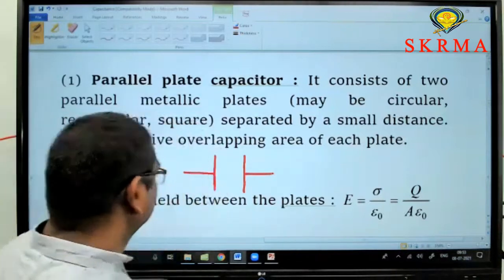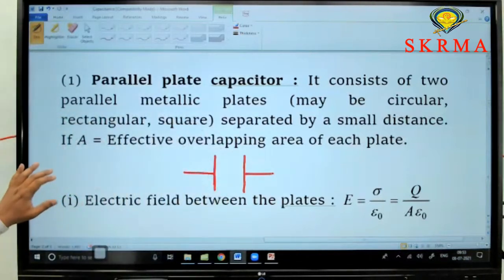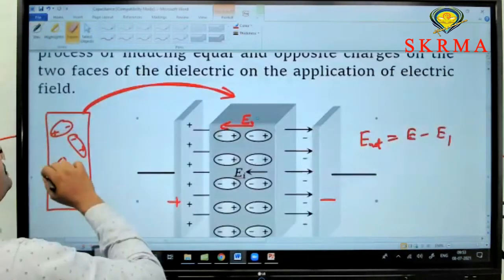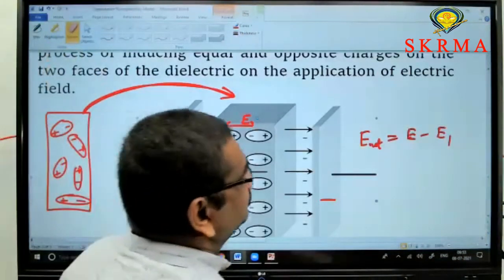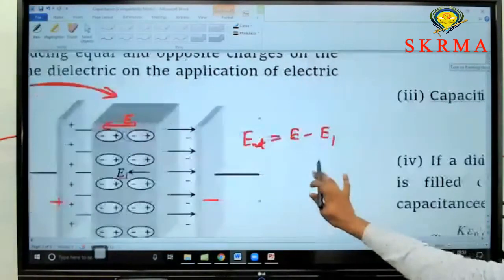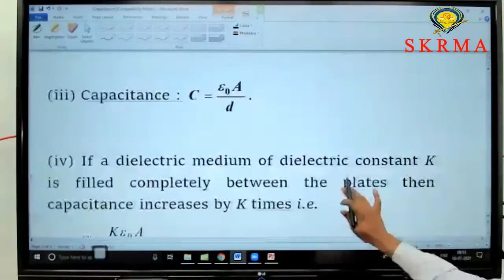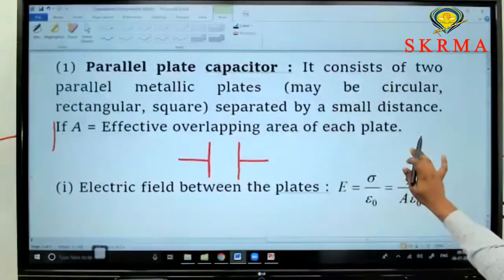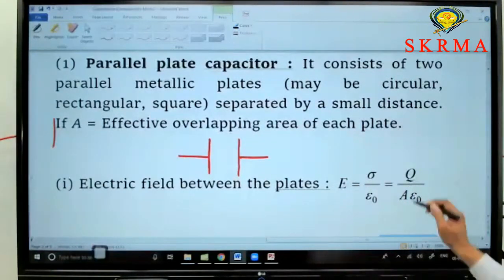Next, we need to solve for the capacitance of a parallel plate capacitor. What is the basic process to calculate capacitance?